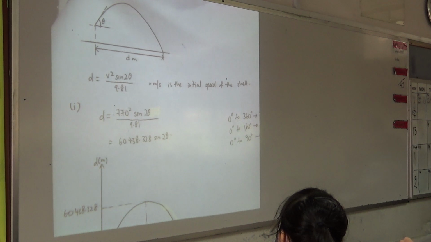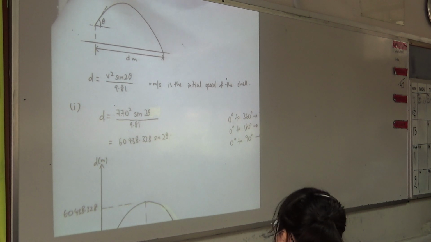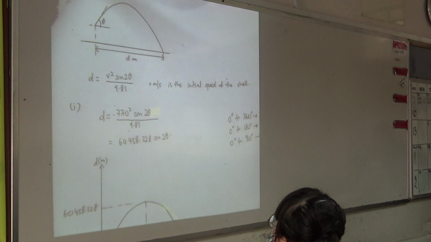Now, the question says, part 1. It is given that the initial speed of the shell is 770 meters per second. Now a soldier feels that if the shell is fired at an angle of 50 degrees, it will achieve the maximum horizontal distance traveled.